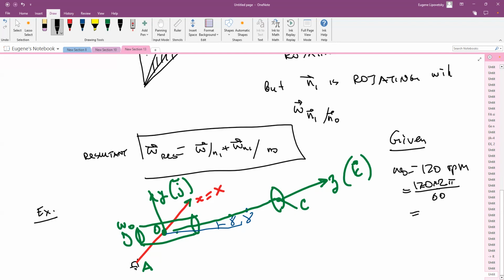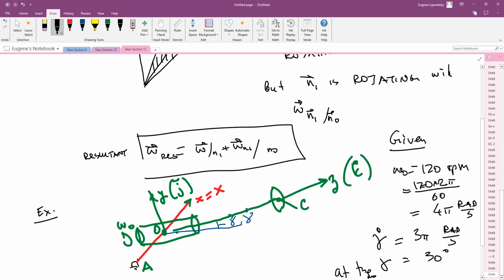So there's going to be 4 pi radians per second. The gamma dot equals 3 pi radians per second. The gamma at the moment equals 30 degrees, but that changes, right?